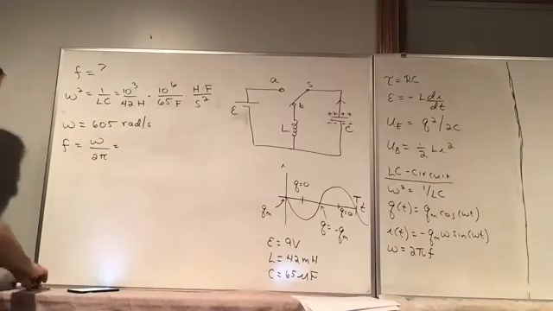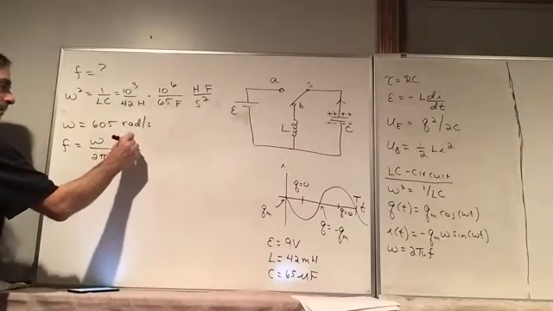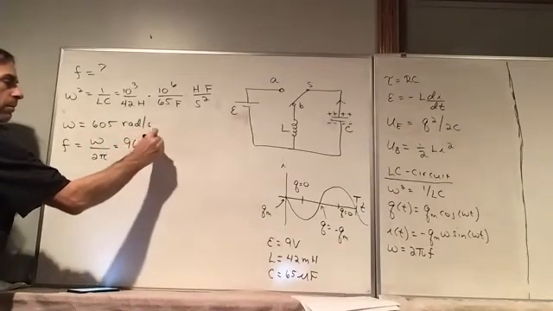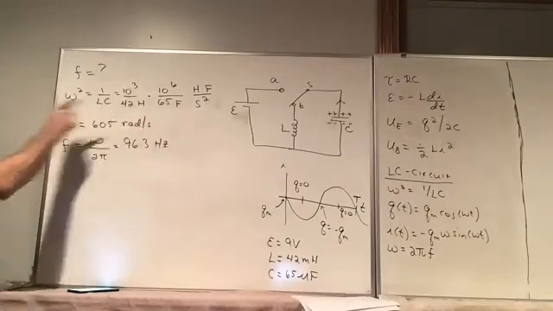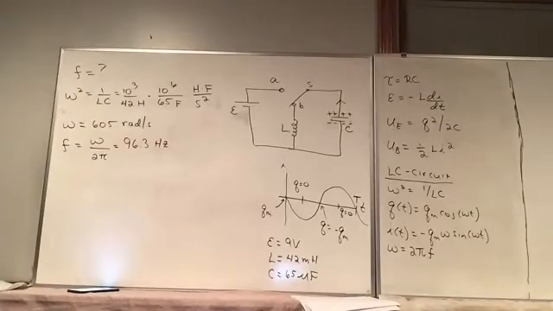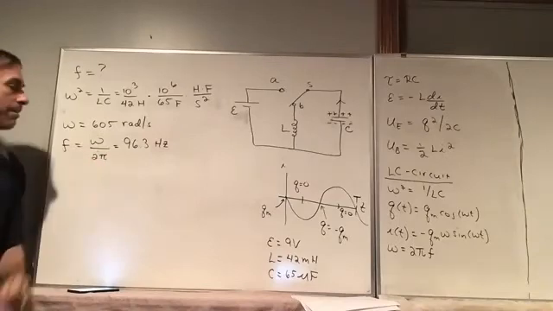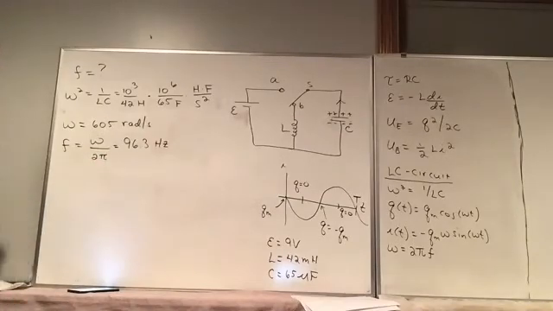And again, if you're doing this on a calculator, you want to be careful. You don't just want to say 605 divided by 2 pi and hit enter because of the order of operations. It would divide by 2 and then multiply by pi, which would, of course, be wrong. So anyways, that's the frequency.